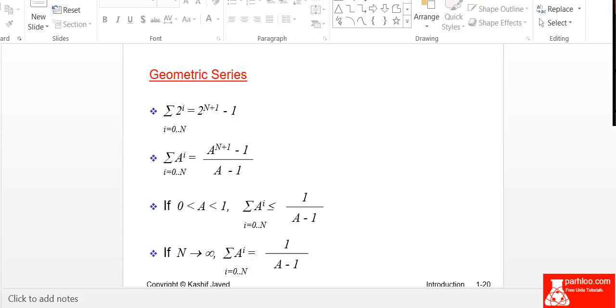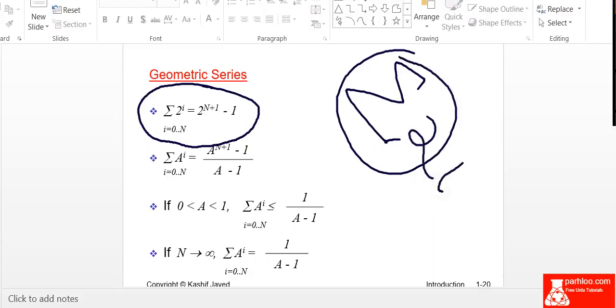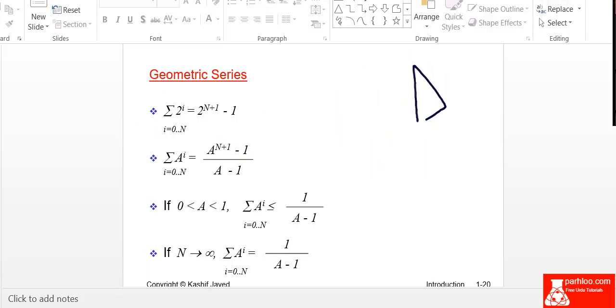This, look at it. This is sigma. This Greek letter, it's called sigma, right? My bad, this is sigma 2 raised to the power I, right?